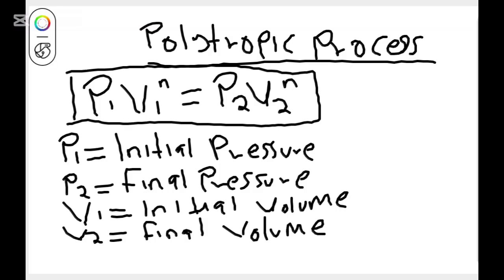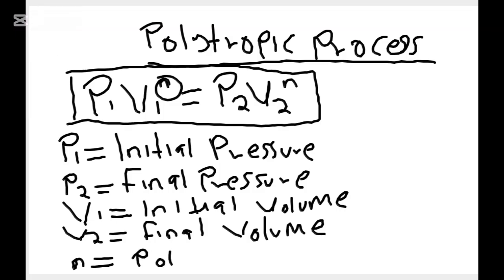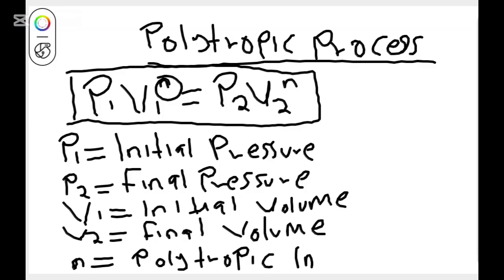You have to take note that the n that you see here, the power of n, is the polytropic index. For the common values of n, we have two cases: the isothermal process and the adiabatic process of air.